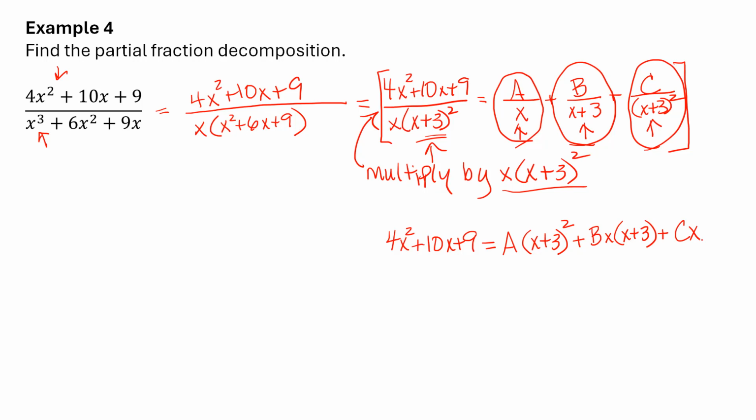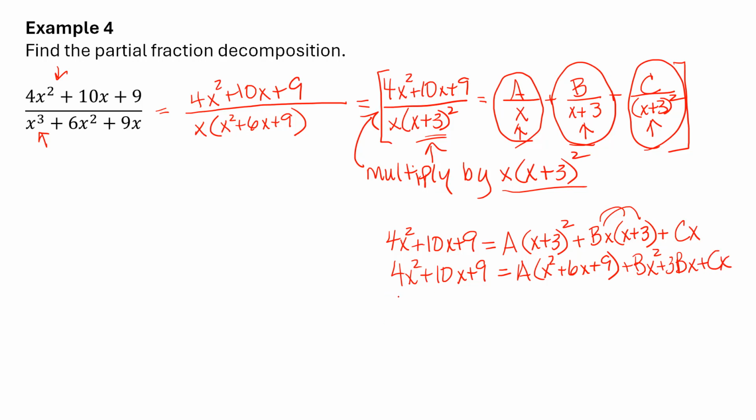Okay, so now I am going to multiply everything out on the right side. So I will have a times (x squared plus 6x plus 9), and then bx squared plus 3bx plus cx.